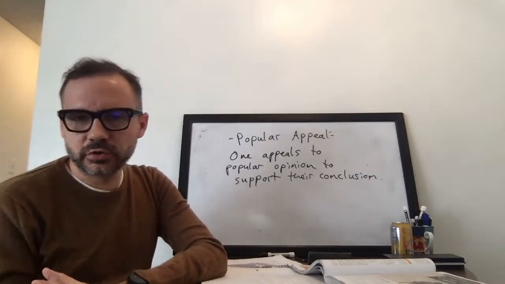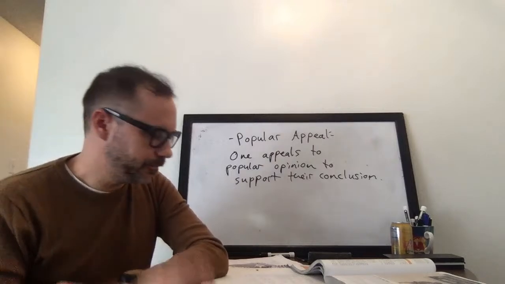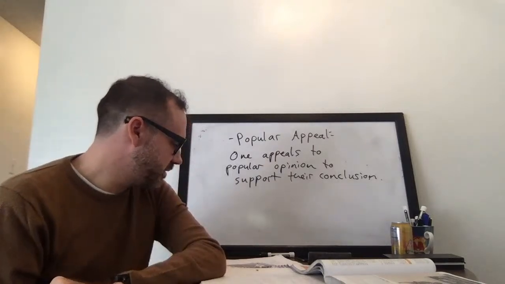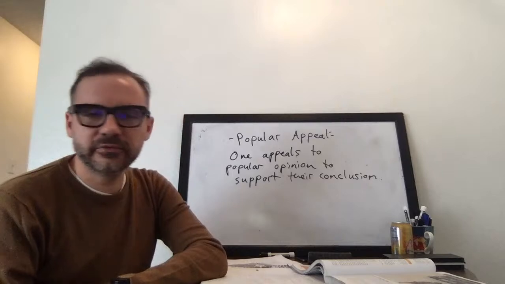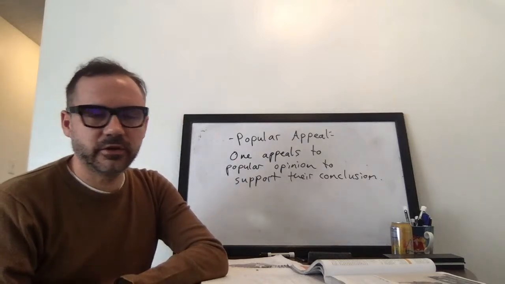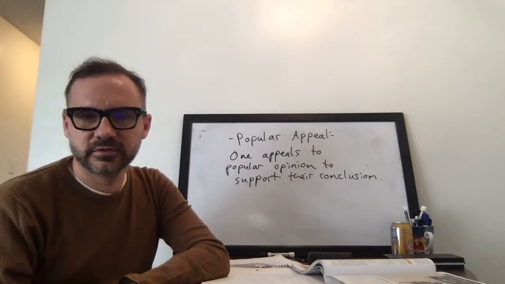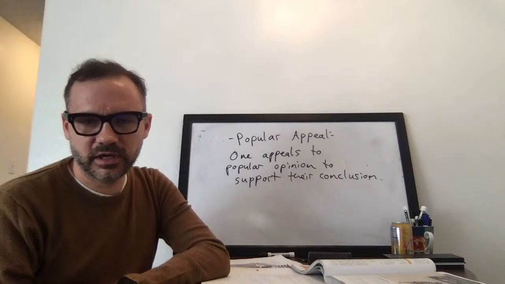And even if it is true or correct, that's not the right reason to give as to why it is. So if somebody said, iPhones have got to be the best, better than Android phones, because everybody has an iPhone. iPhones are the most popular, so they must be the best.